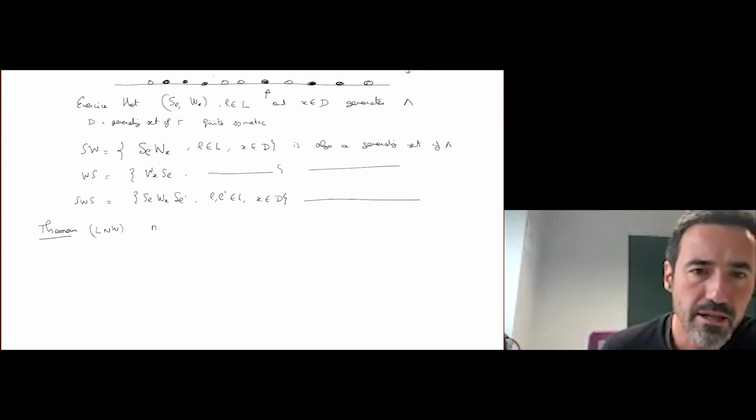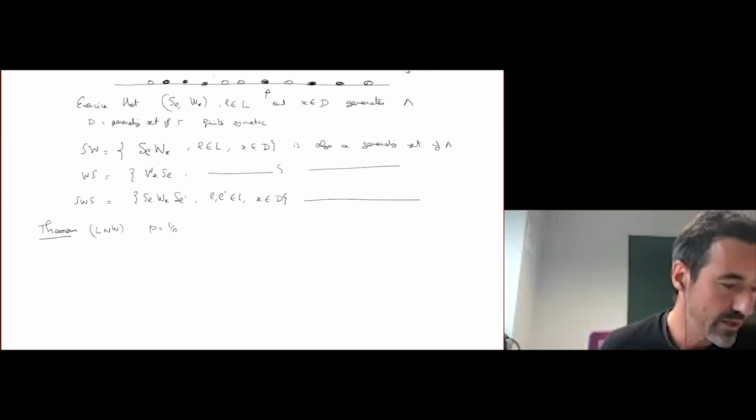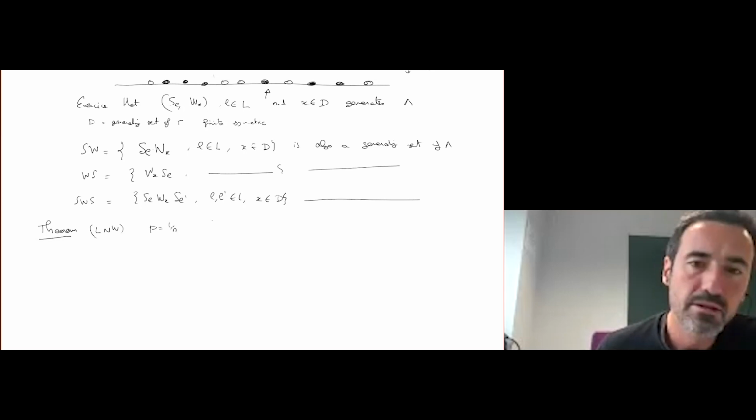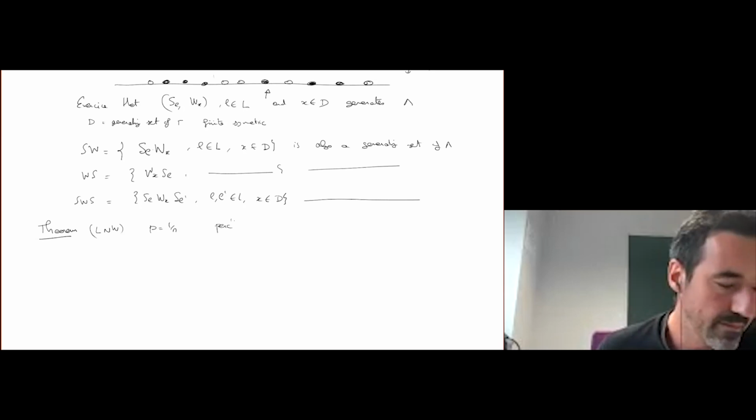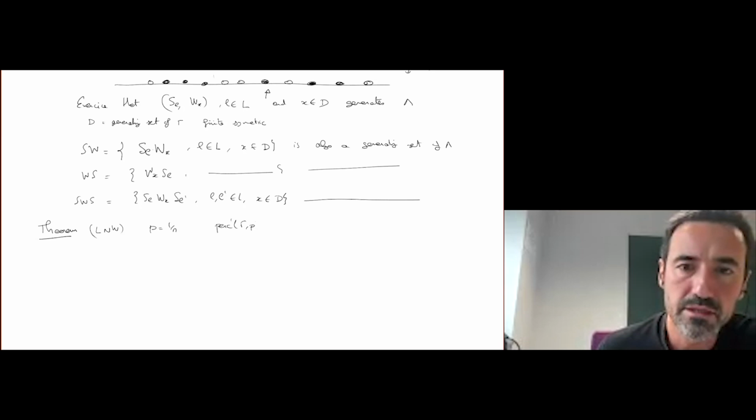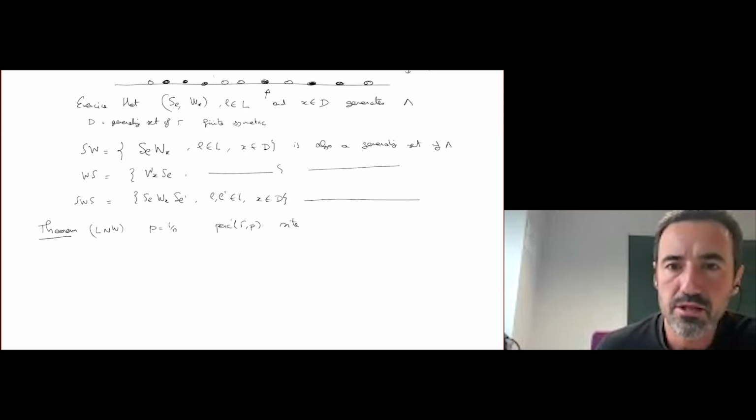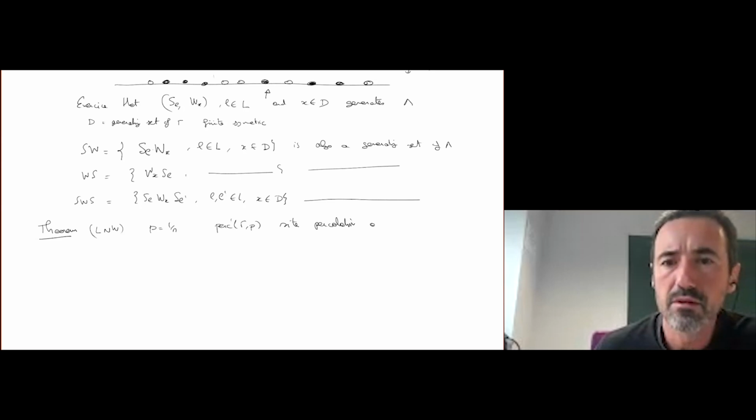You take n, and you define p to be 1 over n. I recall n is the number of lamps. And you define Per' of Gamma of p, which is a site percolation on Gamma with parameter p.